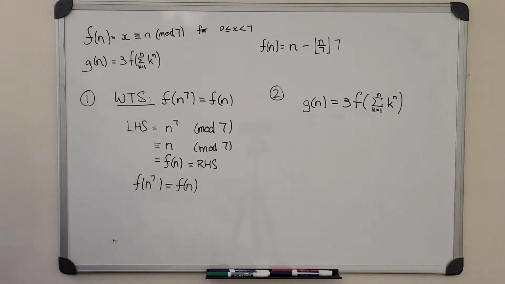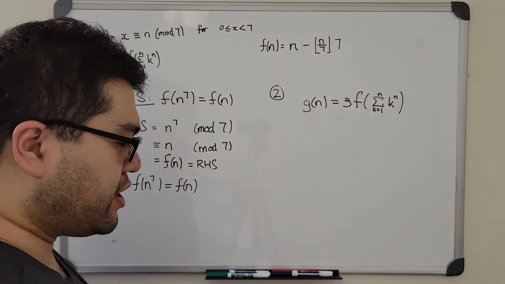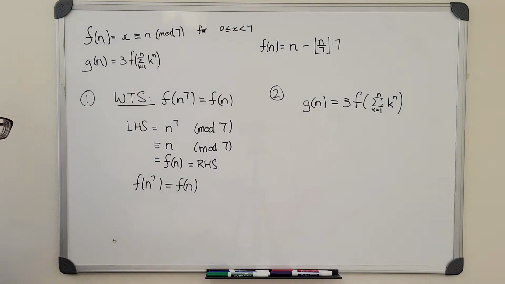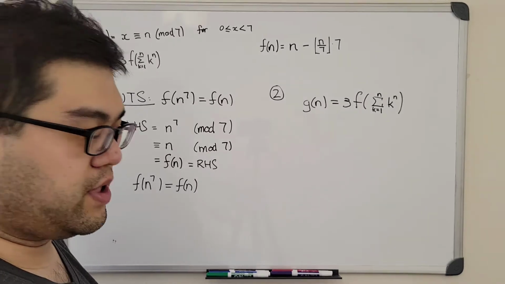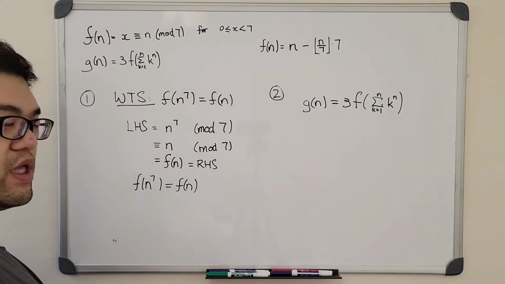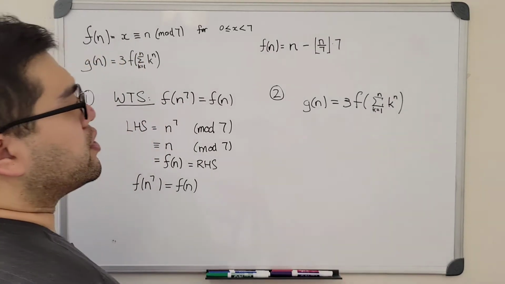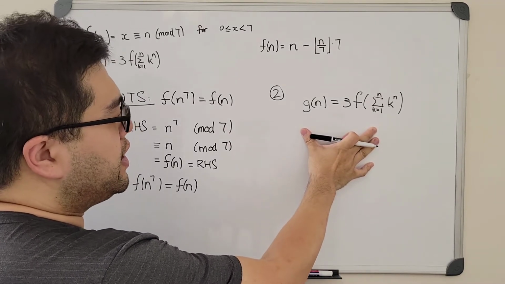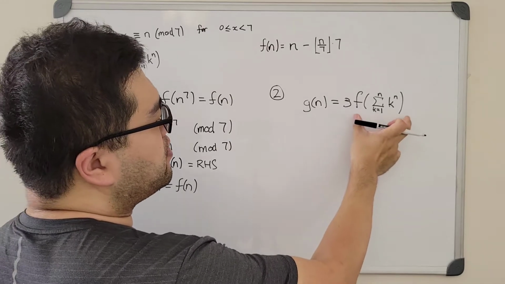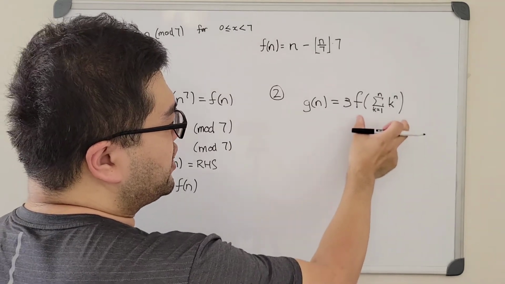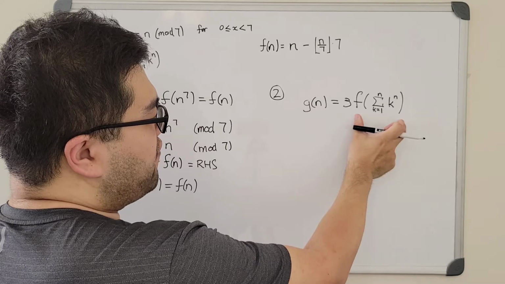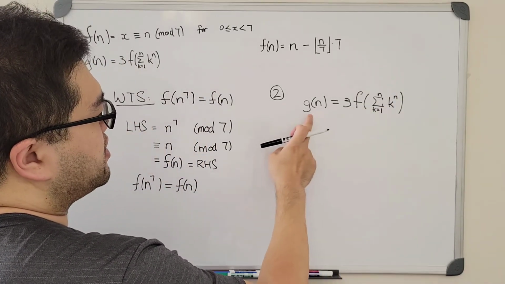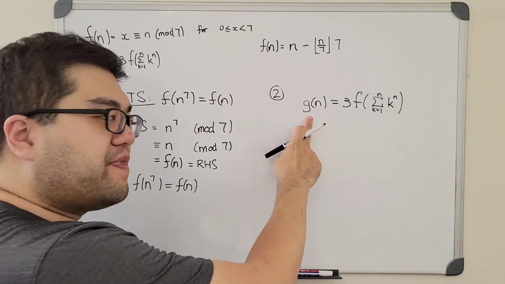And here, when we're taking an integer to divide by 7 and find out the remainder part, we will see that the remainder is also an integer. So we only have finitely many options. In other words, in order to maximize our score in problem 2, it is equivalent to find some n value such that we can maximize f of this quantity here, which gives us the maximum value of g of n.